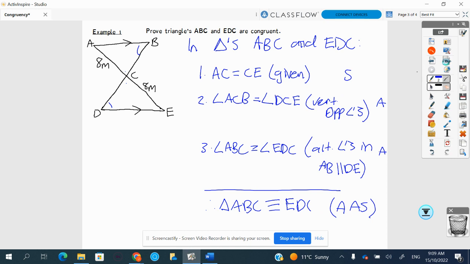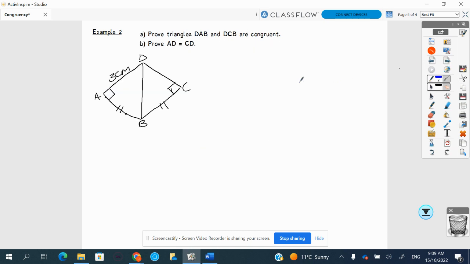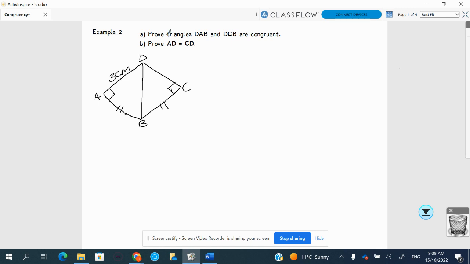Let's have a go at another example. Okay, so this has 2 parts. First, prove the triangles are congruent, and then prove that 2 sides are equal. So we'll start off with A. So in triangles DAB and DCB, we need our 3 statements.